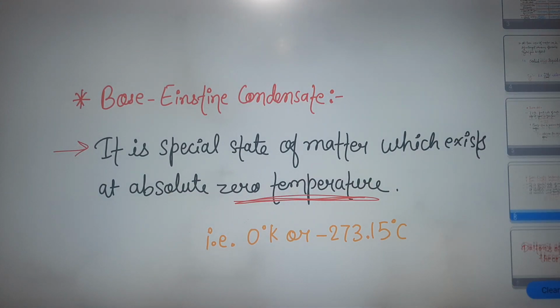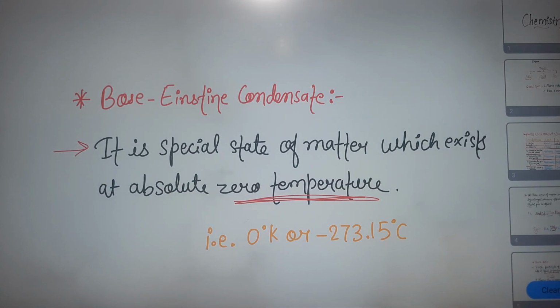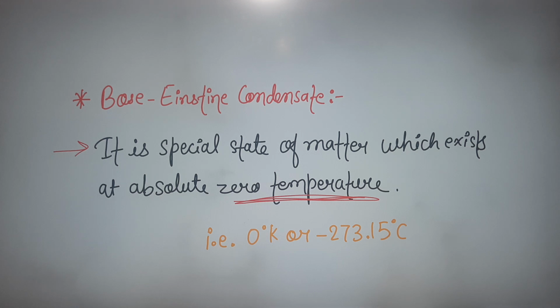So I hope you understand all about what is matter: everything that has a mass and ability to take space is known as matter. On the basis of physical state, matter is divided into three states, like solid, liquid and gas.